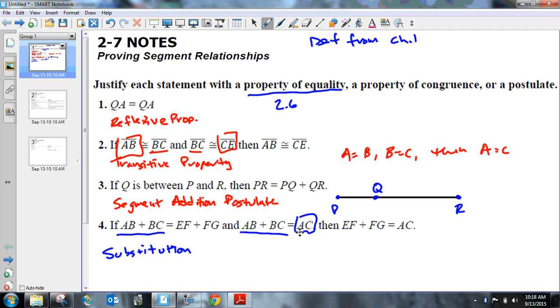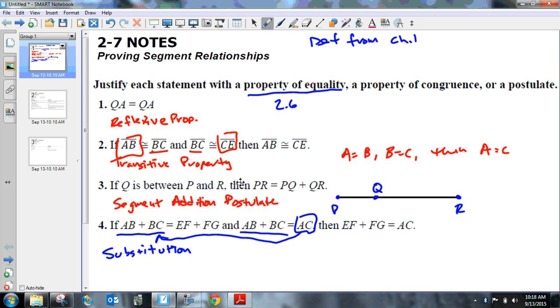And so what they've done is they've taken AC and they've plugged it into this whole quantity here and made the statement that if I take EF plus FG, I get the length of AC. Okay, so that's substitution. So these are kind of tricky. They're not the easiest things in the world. You have to really go through and practice this stuff in order to kind of get your footing with this.